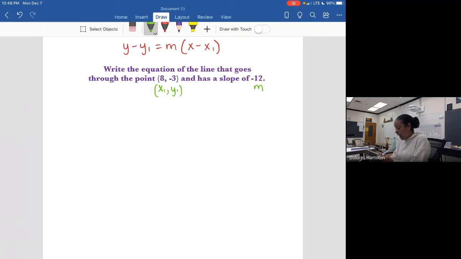And we write y minus, and we replace our y1 with what it is in this problem. It's -3. So I'll put y plus 3 equals my m, -12, times my x minus x1. Our x1 is 8. And that's our point slope form.